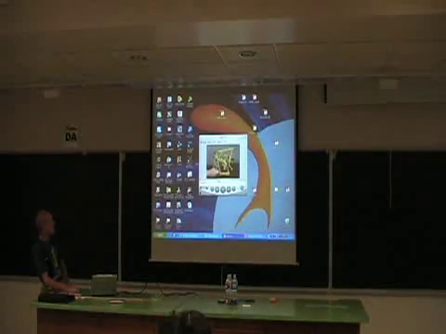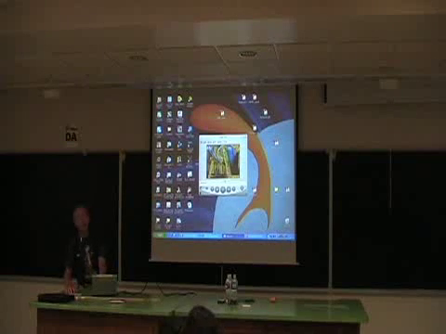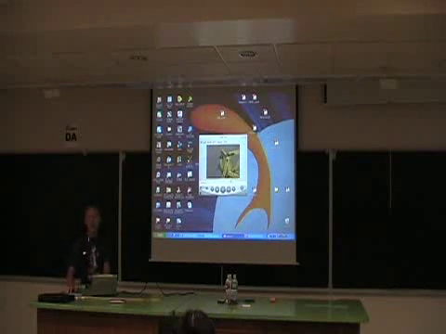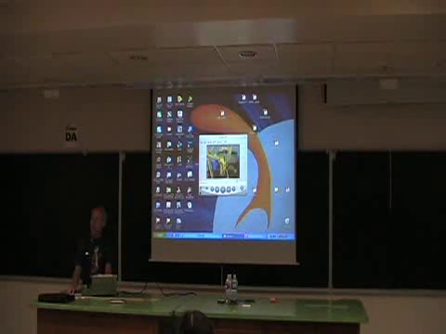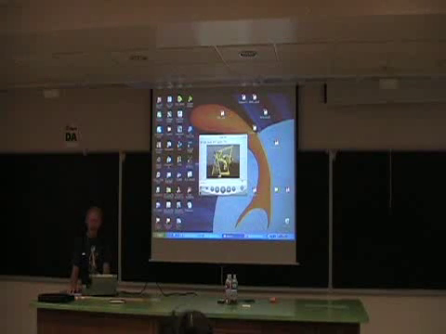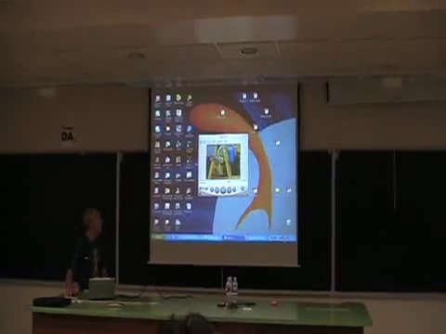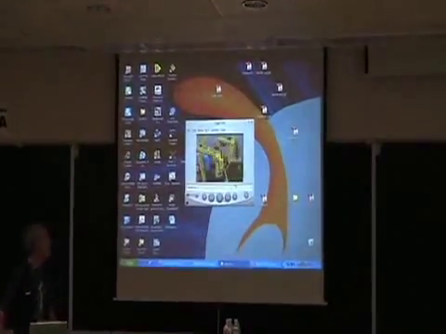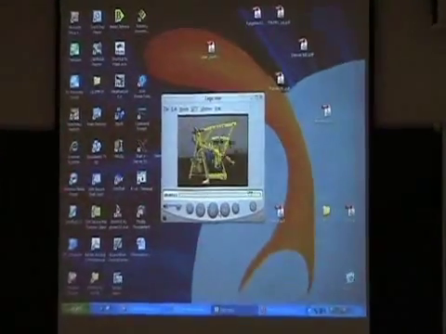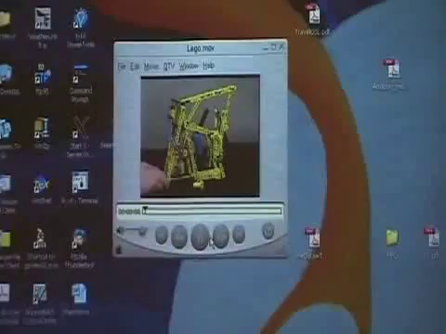Okay, so this really has absolutely nothing to do with my talk today, except that I'm going to talk about hysteresis, and so I thought I'd put in a little cyclic thing. So this is my yellow compressed air engine that I made a few years ago out of all standard Lego parts.